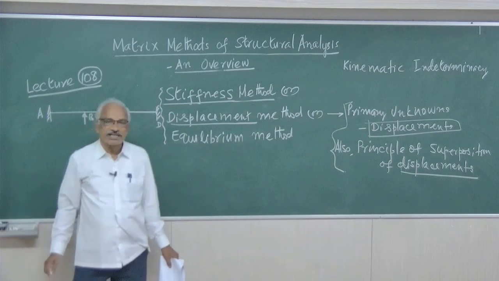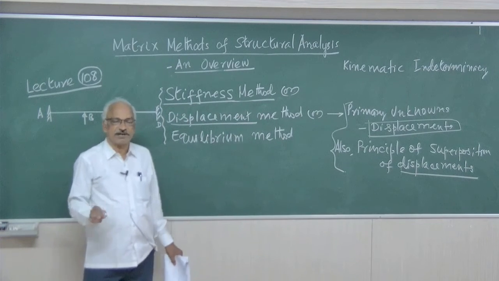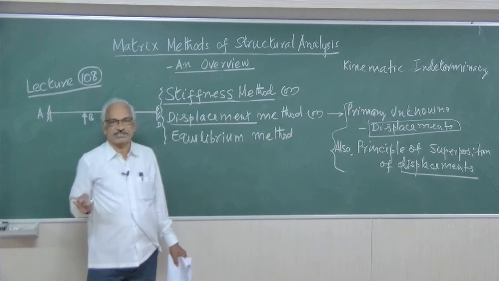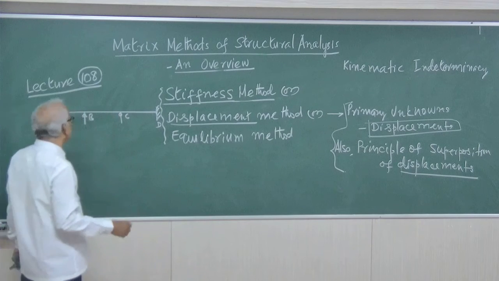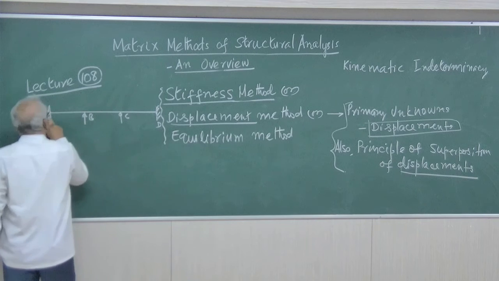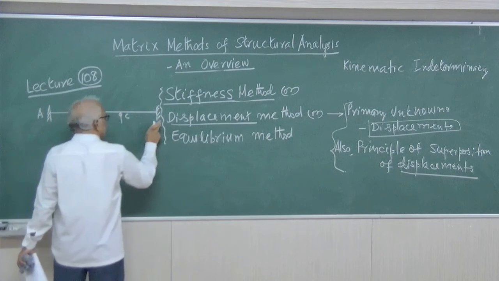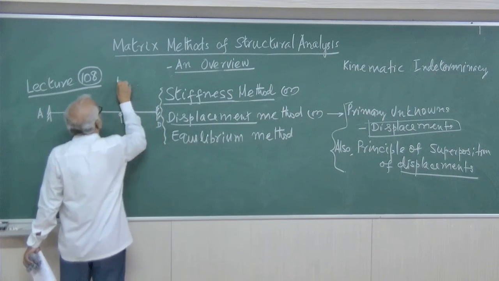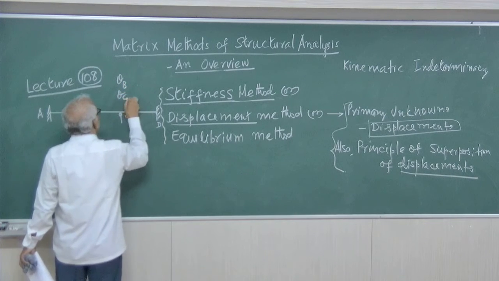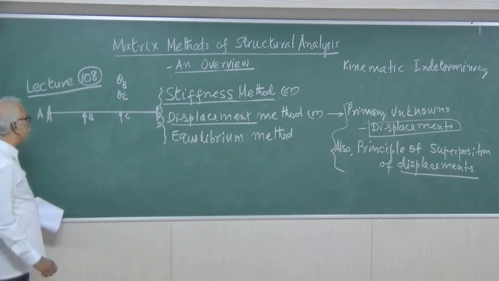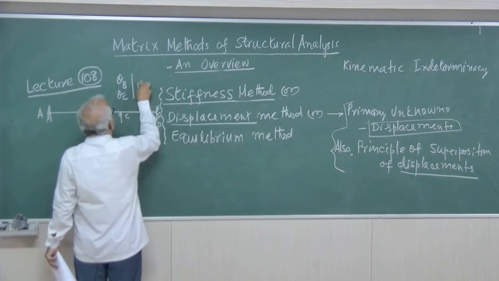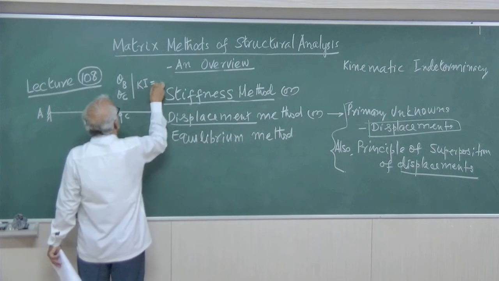Kinematic indeterminacy stands for the number of possible joint displacements. Now, as in the slope deflection method, in this problem A is fixed, no displacement is possible. D is fixed, no displacement is possible. Theta B is one unknown and theta C is another unknown. These are the two possible displacements. Therefore, for this structure, the kinematic indeterminacy is equal to 2.